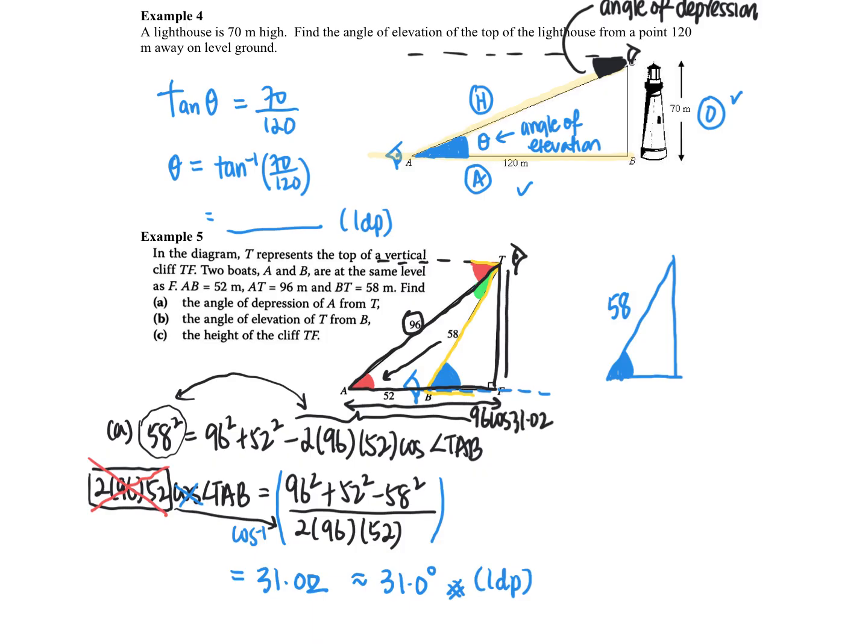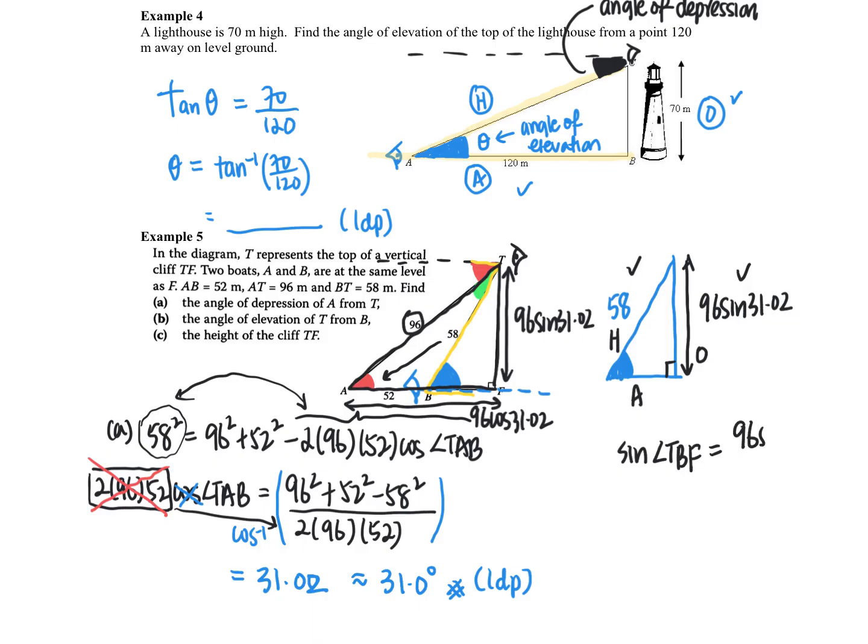The height here is 96 sine 31.02. Knowing this, I can find my angle, with hypotenuse, adjacent and opposite. I can find my angle TBF.